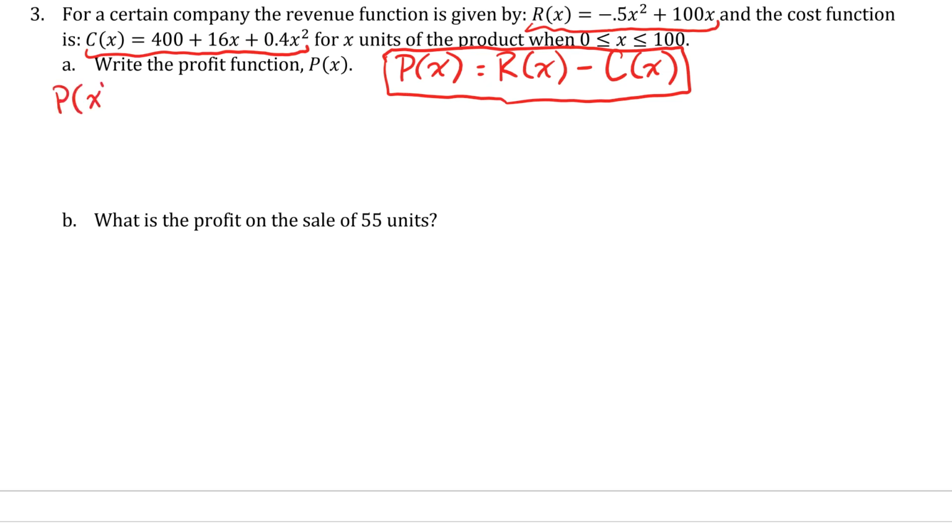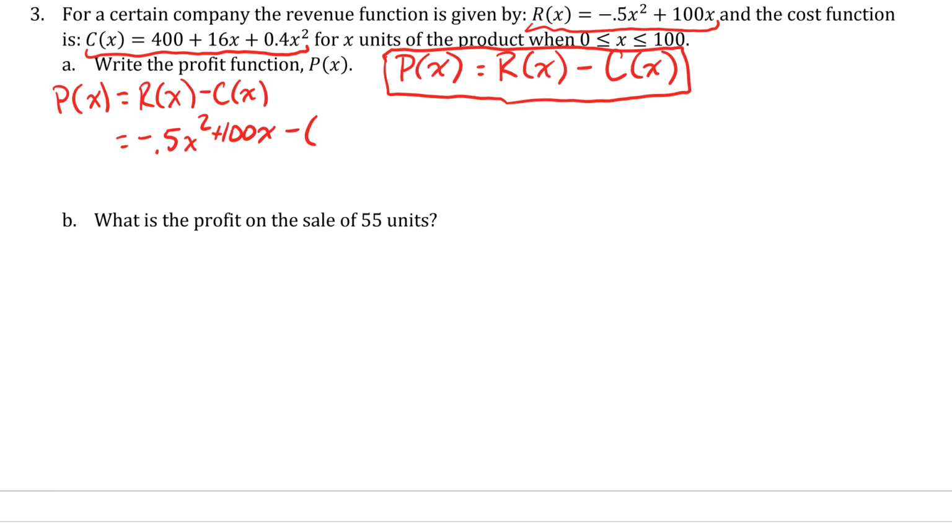So P of x equals R of x minus C of x. And in our case, R of x is negative 0.5x squared plus 100x minus, and I'm going to put this in parentheses, which is really important because we want to make sure that we remember to distribute in a second.